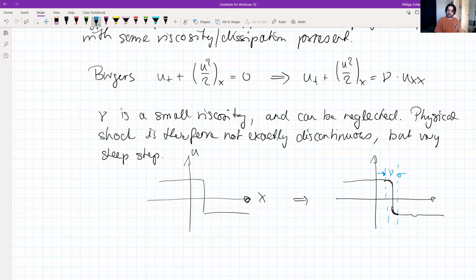And in real life problems, acoustic problems, these types of shocks have a few nanometers, micrometers size over which the density, for instance, changes. Okay, so the shocks are actually problems that appear in reality as well. So it's not just a mathematical construct that we have invented here for hyperbolic problems.